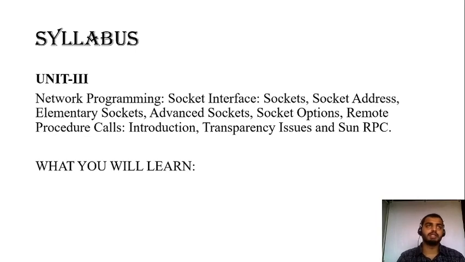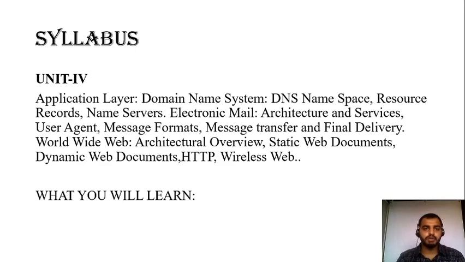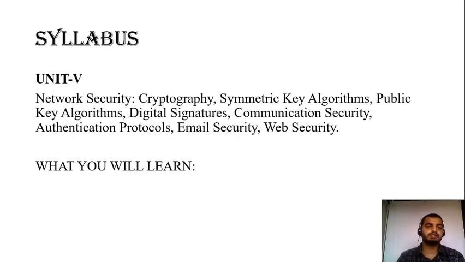The third unit deals with the network layer and network programming, how networking is done, the issues with socket programming, and network congestion. The fourth unit deals with domain names and the application layer, the last layer. The last unit is network security: how we can secure networks and make secure communication between sender and user.